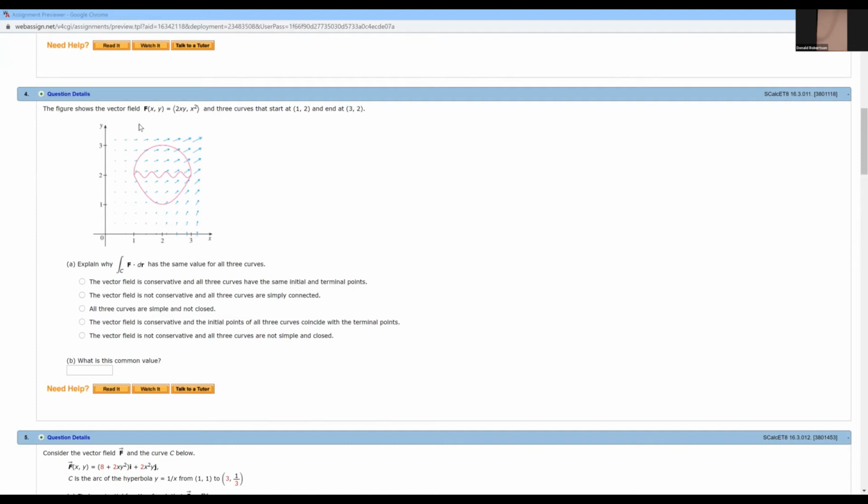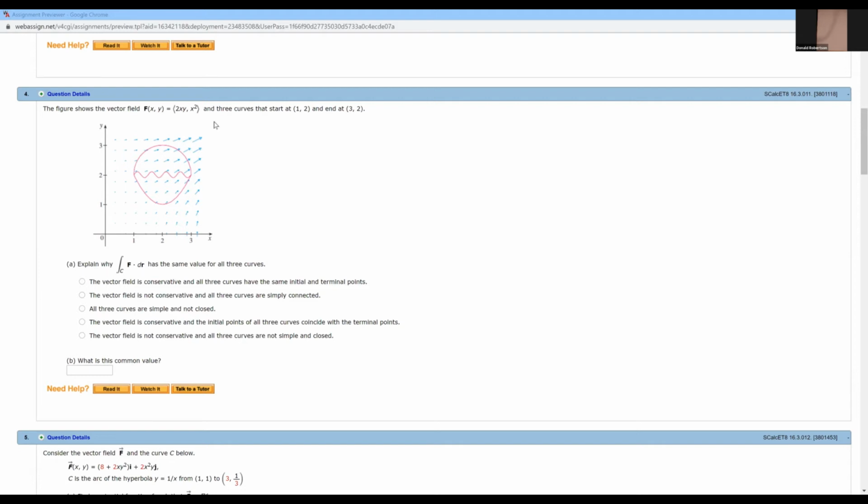in question 4, here is your vector field. It's 2xy comma x squared. If you do a test on that, it is conservative. And then here are 3 curves. They start here and it kind of zigzags like a sine curve. It starts here and it goes a big arc. And it starts here and it goes a lower arc. And it says, explain why this has the same value.